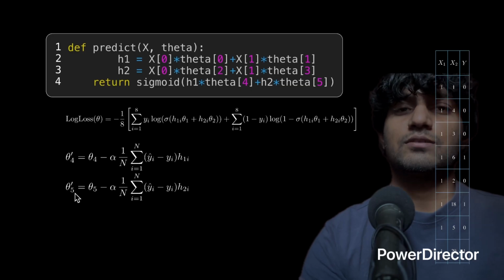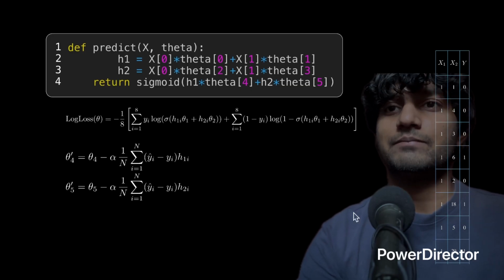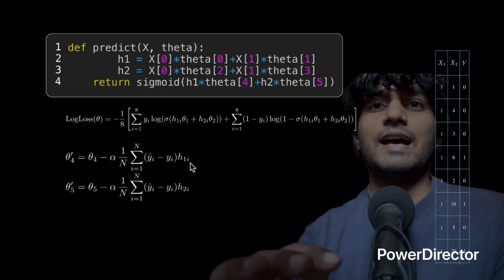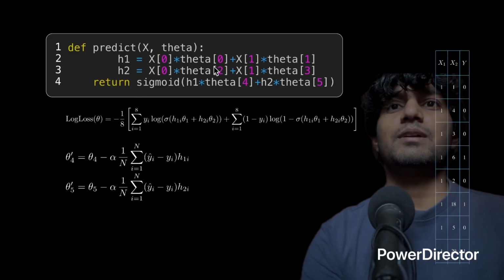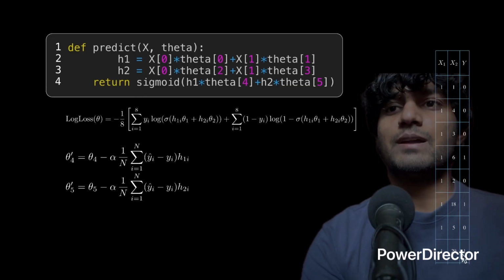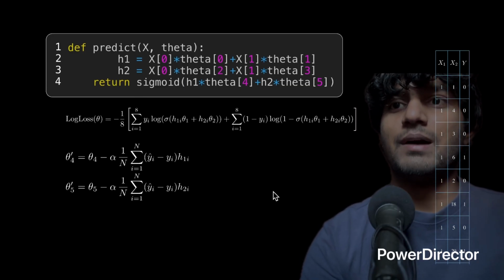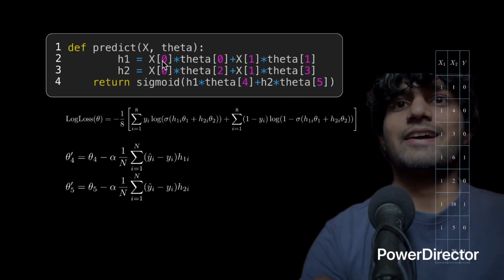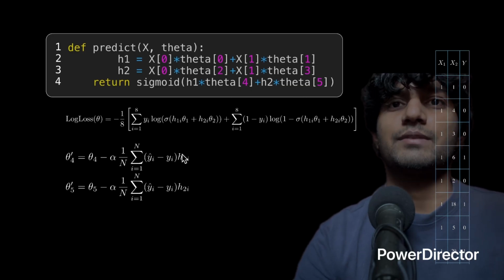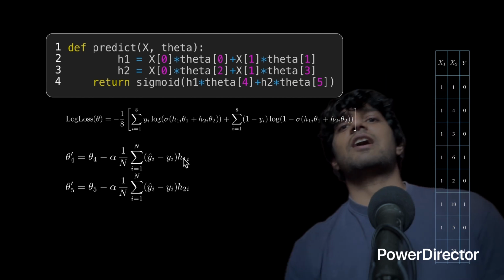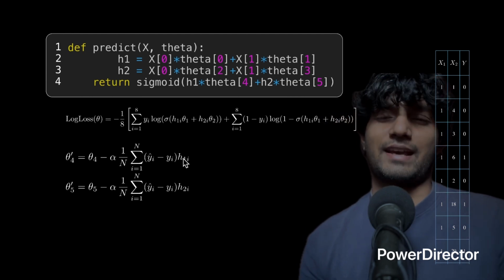If theta 2 was there, 29 would have been multiplied. But now we have h, and h1 comes from some multiplication, so we will not multiply with 29. Instead we will pass this 29 over here and 1 over here, have this random theta, and then sum up. So h1 is the outcome of some input x.